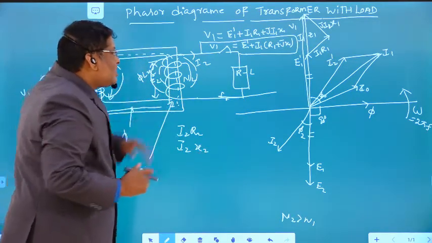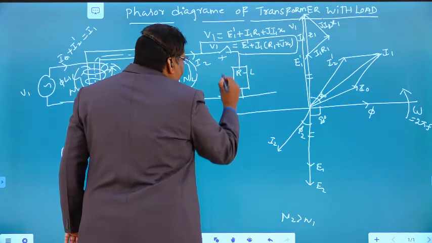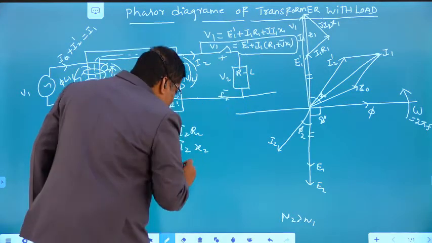The remaining voltage is applied to the load, that is V2.